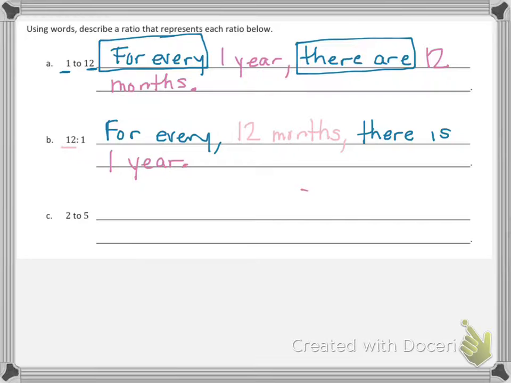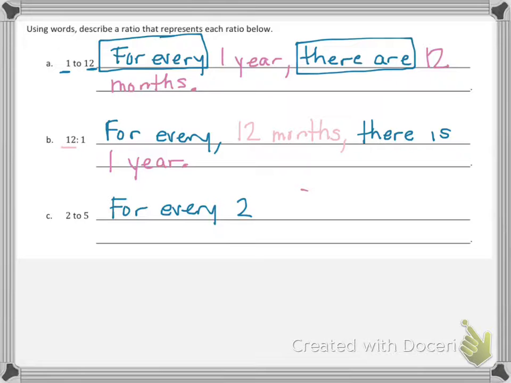Okay, and then we're just going to keep going. We're gonna make another description here. For every 2, well, it could be anything. I was going to say hands, there are 5 fingers, but that's not true. Let's just make up something.